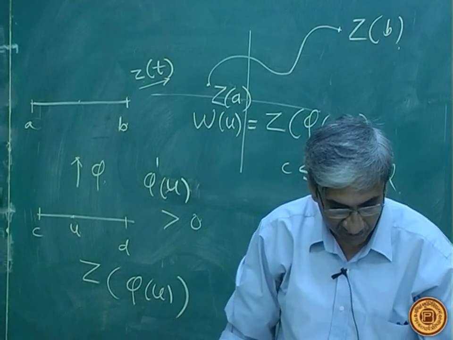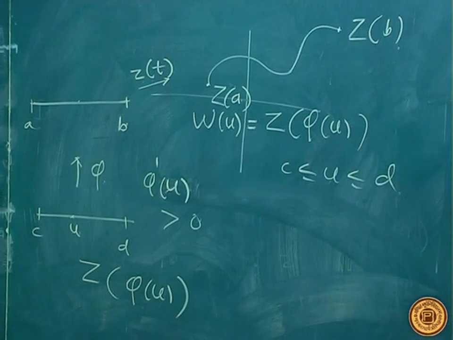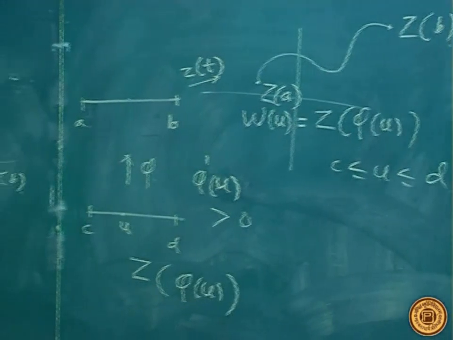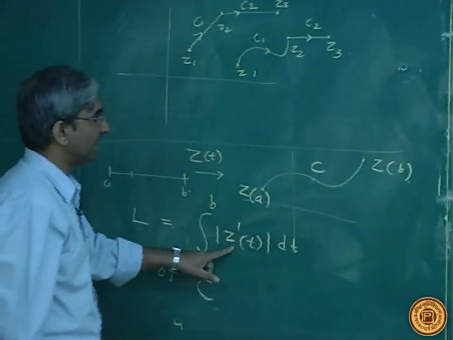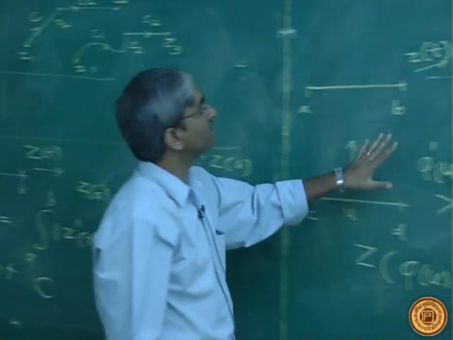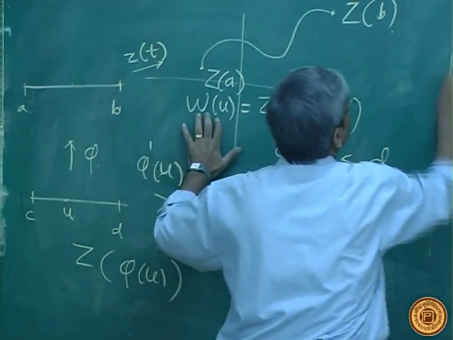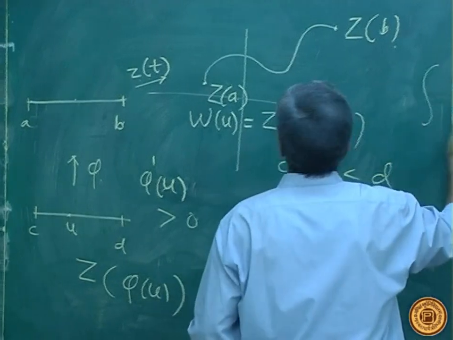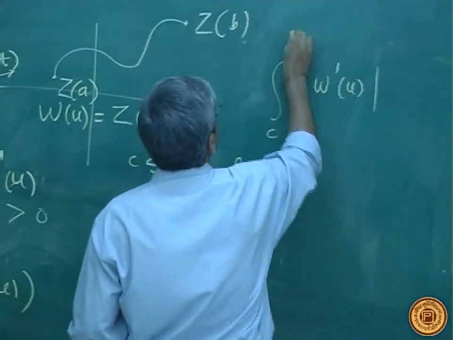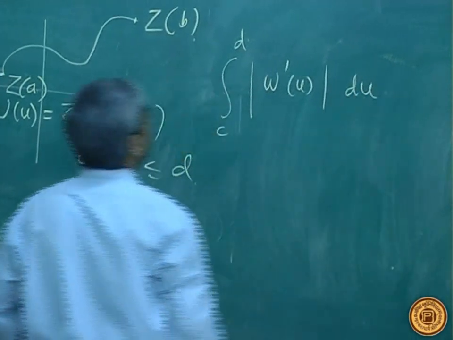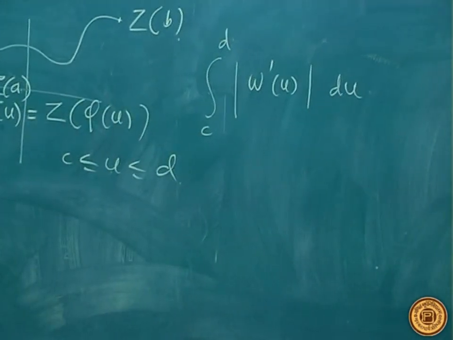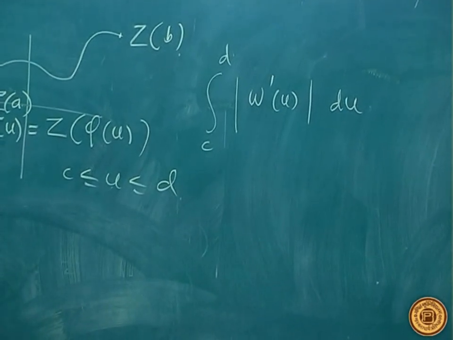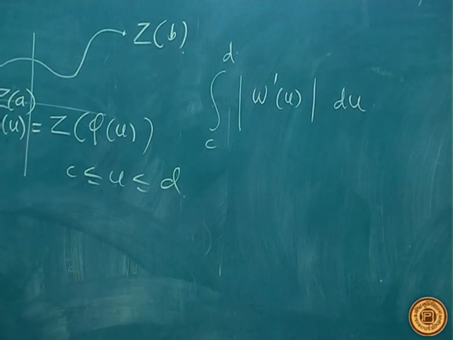So if you consider the formula for the length, then the length is defined using z dash t. Now that will be the same as w dash u. So if you consider the integral from c to d of mod of w dash u du, then that is the same as the integral of mod of z dash t.